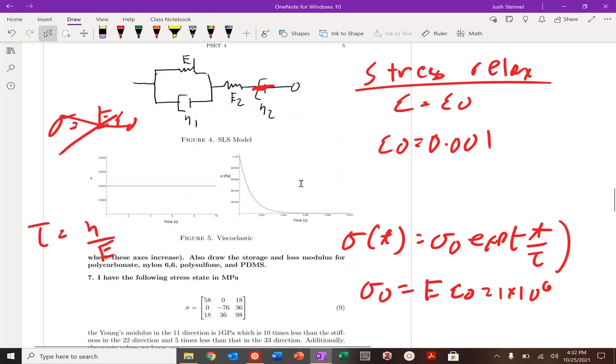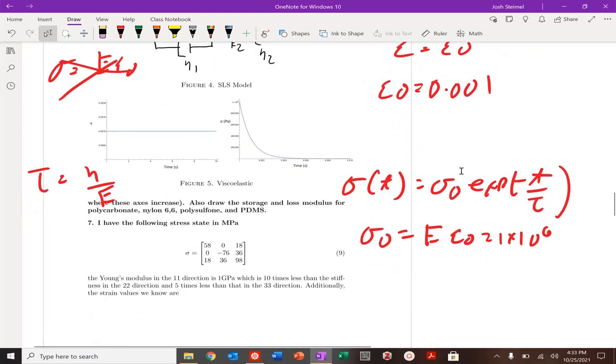So I've got that value now. I've got sigma naught. Now I can start to read off values.